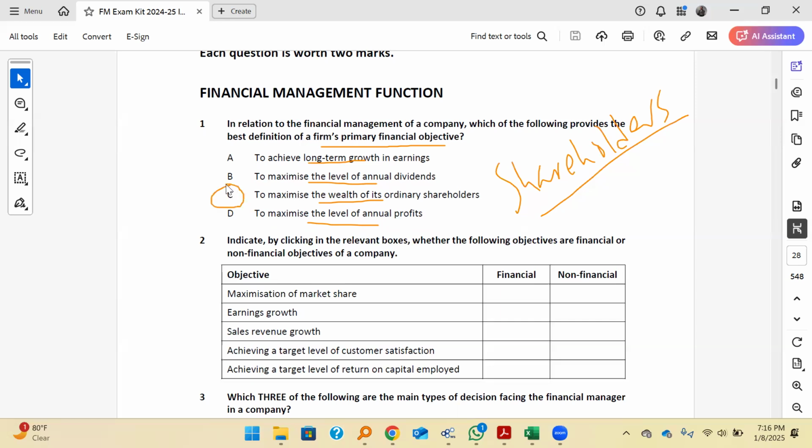Then they ask us to indicate by clicking on the relevant box whether the following objectives are financial or non-financial for a company. You don't need only financial objectives, because a holistic company should focus not only on meeting its financial objectives, but also its non-financial objectives.